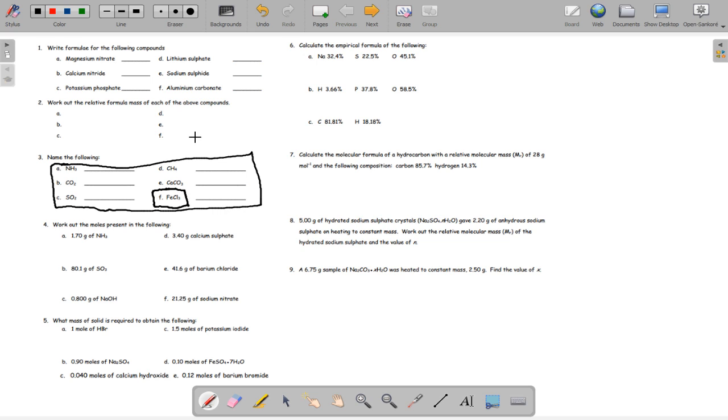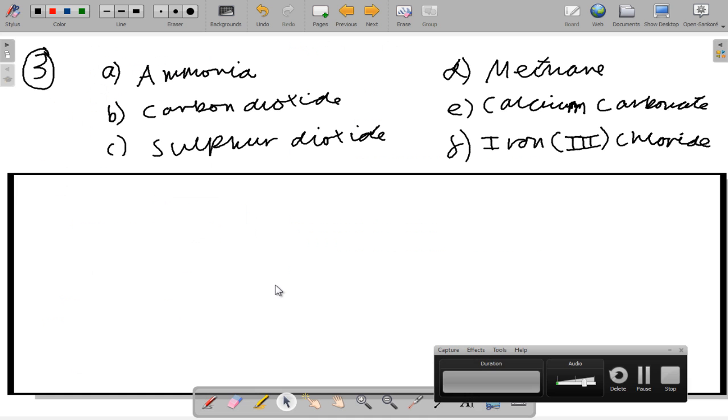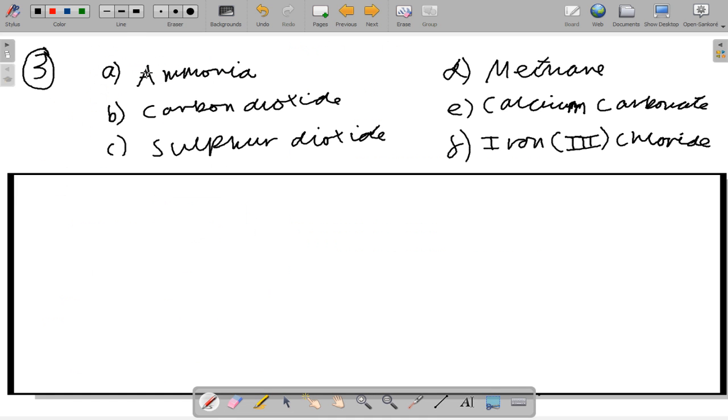I'll give it to you, being 3+. Okay, so A is ammonia, and B is carbon dioxide, C is sulfur dioxide, D is methane, E is calcium carbonate, and F is iron(III) chloride.